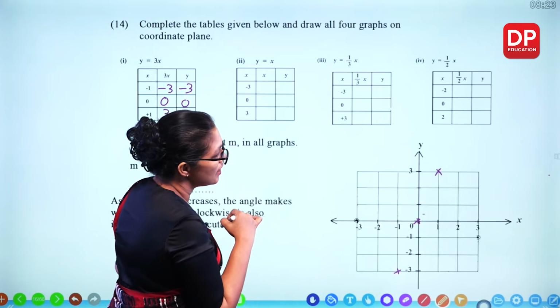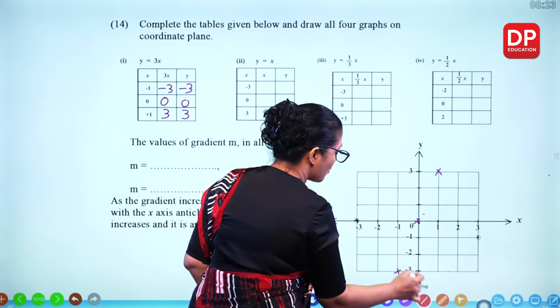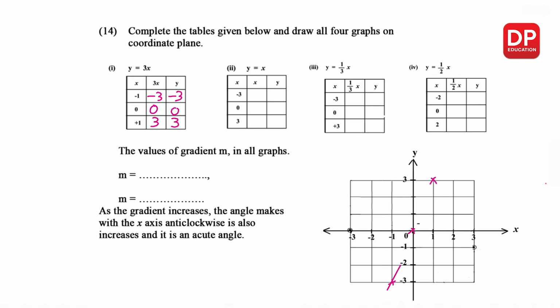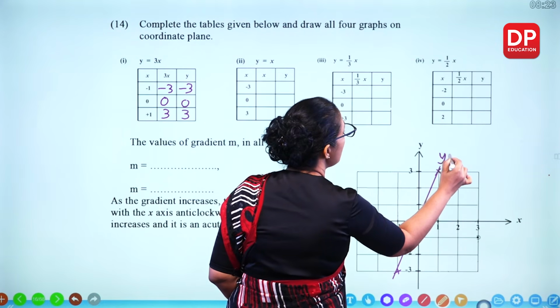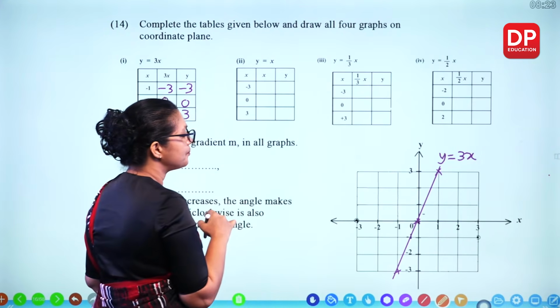So you get this. When you connect, what do you get? A straight line that passes through the origin. We can label it as y equals 3x. That's the y equals 3x line.